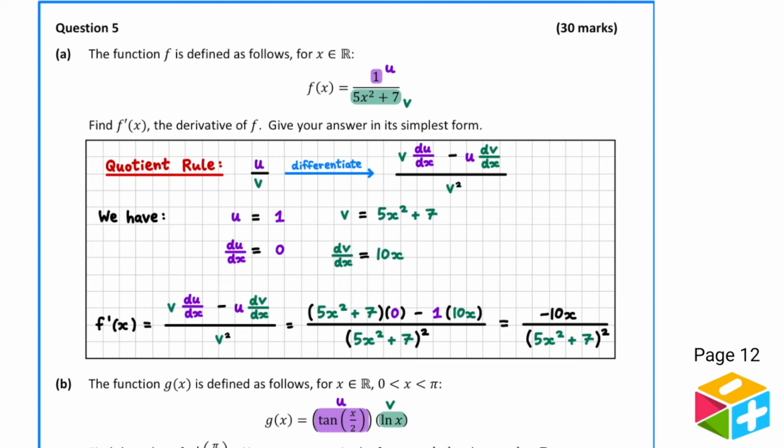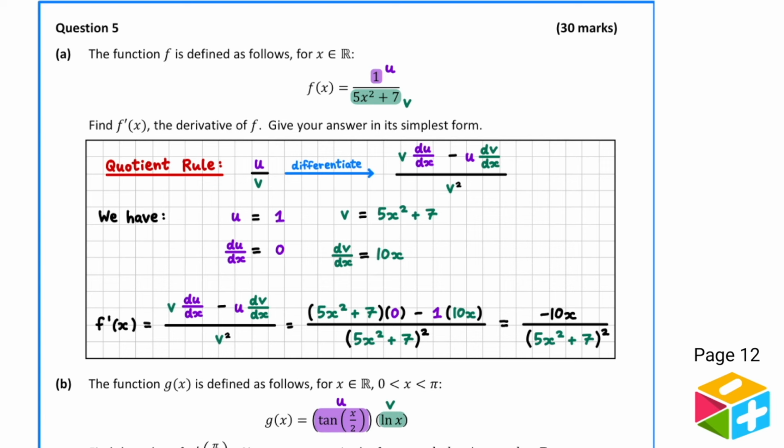This states that u over v differentiates to v du dx minus u dv dx, all divided by v squared. Here, u refers to the number above the line. In our situation, u is equal to 1. V is the expression below the line. We'll have v equal to 5x squared plus 7.